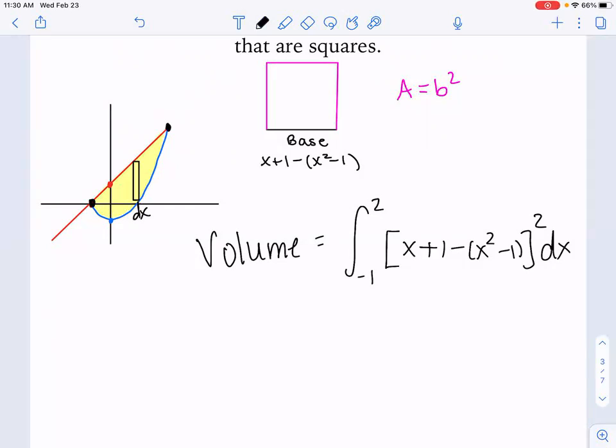What did you get? 1.5. Do you agree with Aaron's 3/2? I don't think Corinne does. No, I definitely typed it in wrong. Okay. Corinne, what did you get? Nine halves? 9/2.